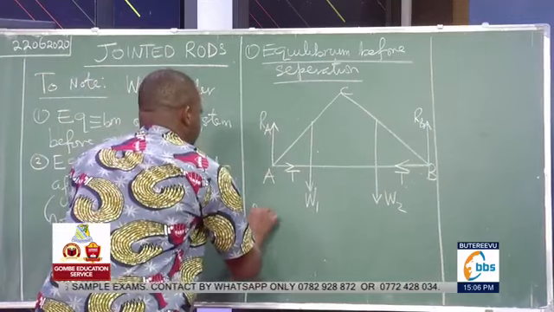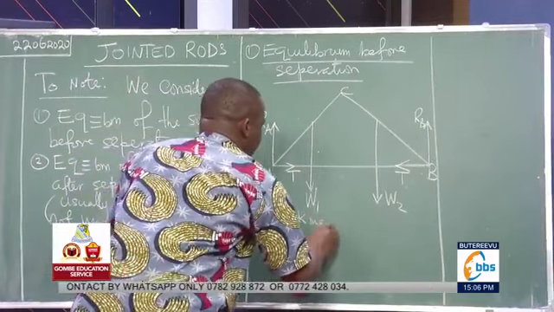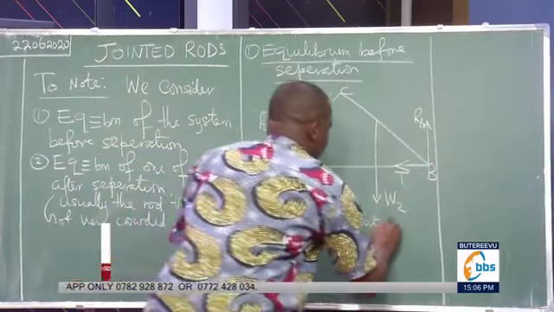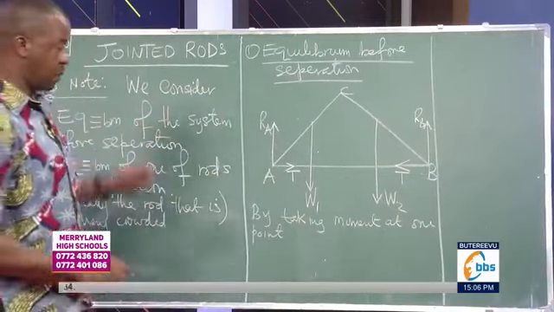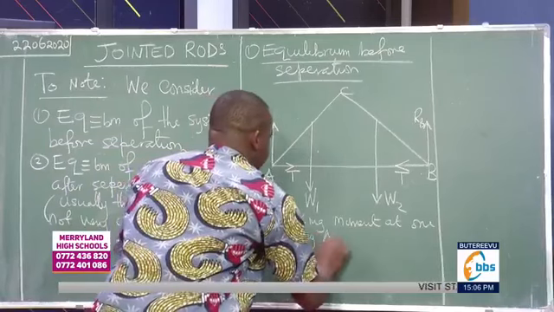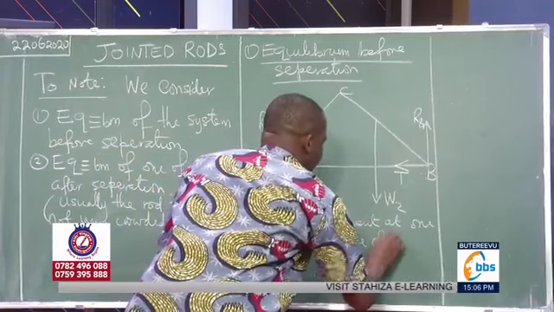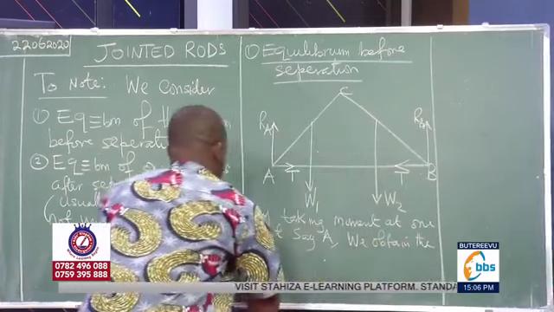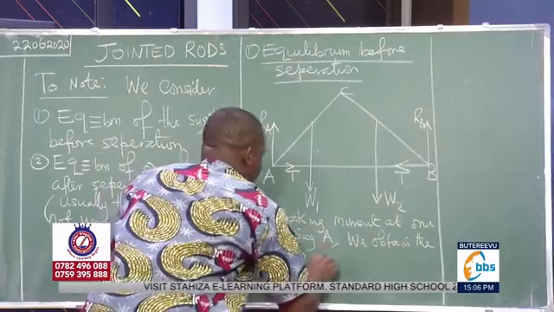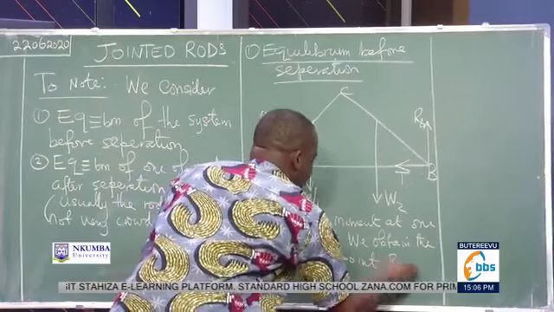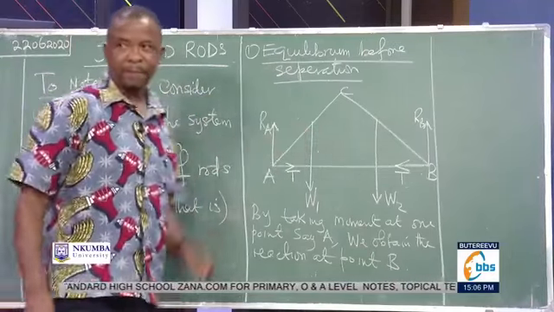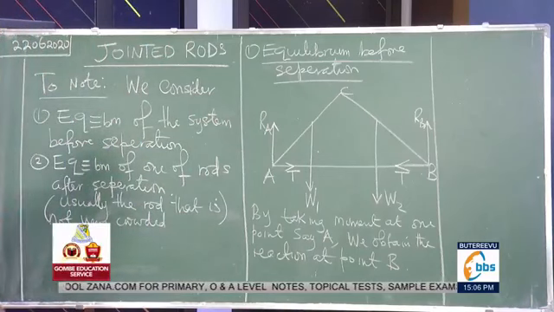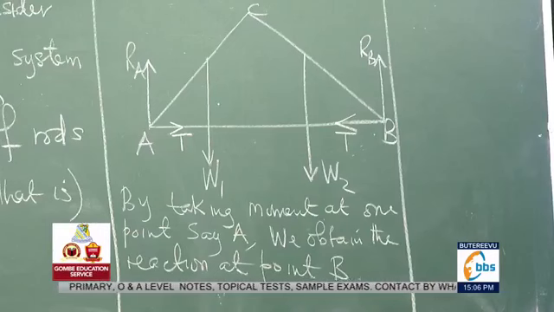Now, here, by taking moments at one point, say A, we obtain the reaction at point B. If we took moments at this point, then we can obtain the reaction at point B. And therefore, this topic requires the candidates or the students to have knowledge of moments.